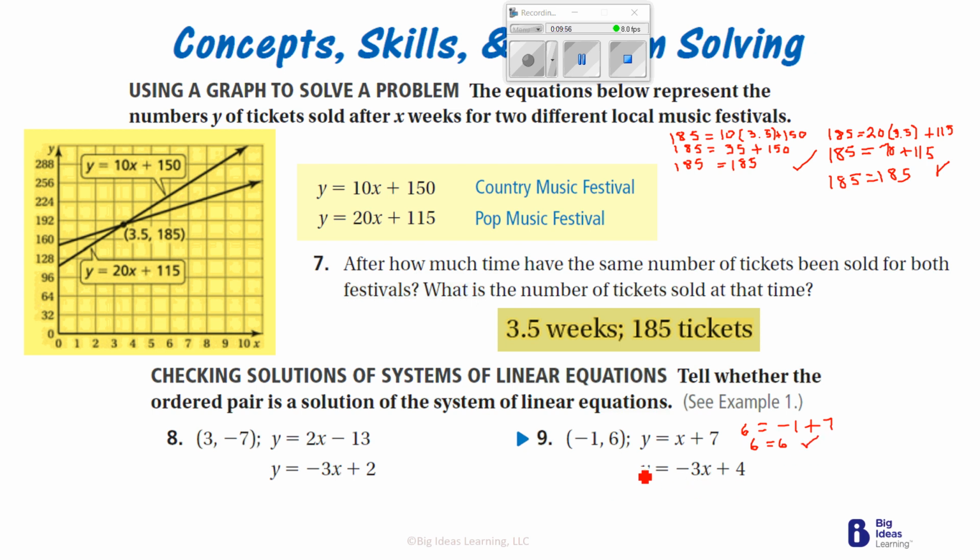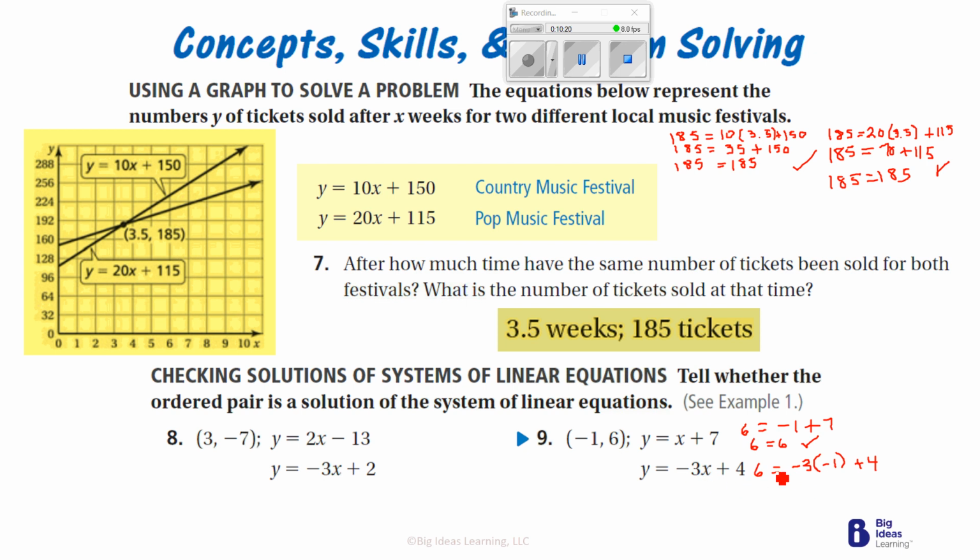Now down here, we're going to take 6 for y, and we're going to put equal to negative 3 times x, which is negative 1. And then we're going to add that to 4. All right? Let's tell whether the ordered pair is a solution or not.